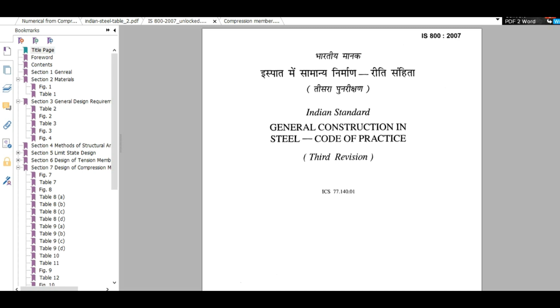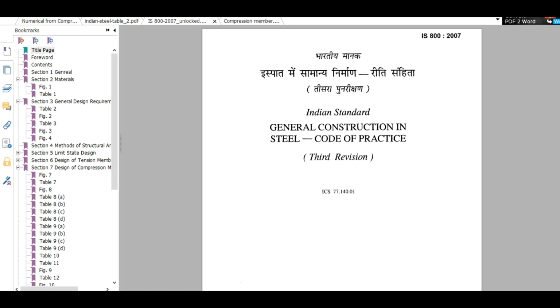Okay, so in the last lecture I explained about the local buckling failure, and as I have explained, this local buckling failure depends on the property of the cross section. So this property is basically the limiting width by thickness ratio.